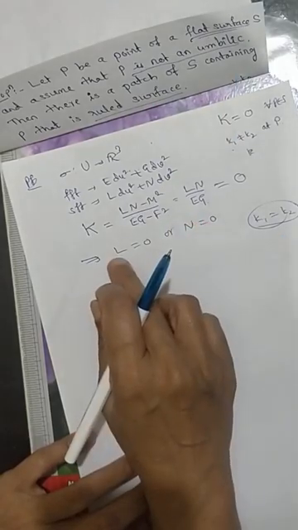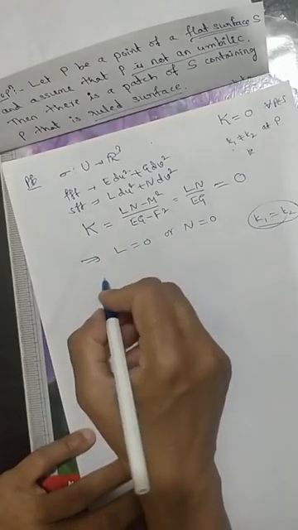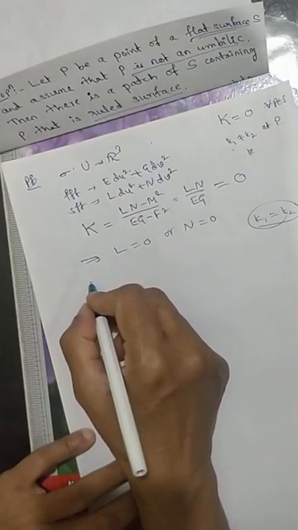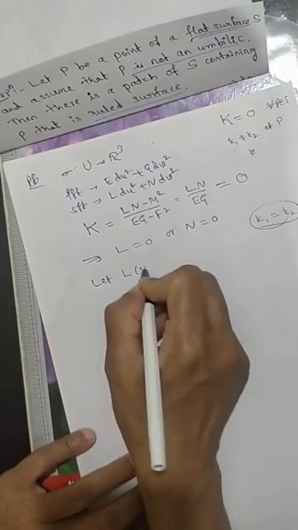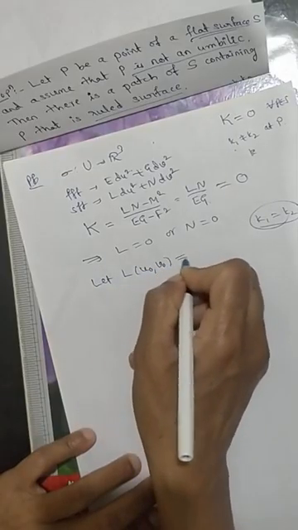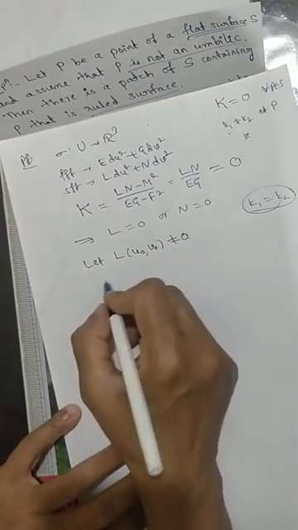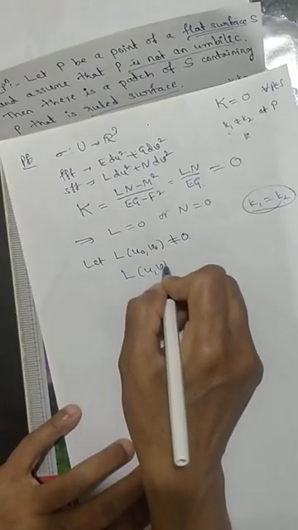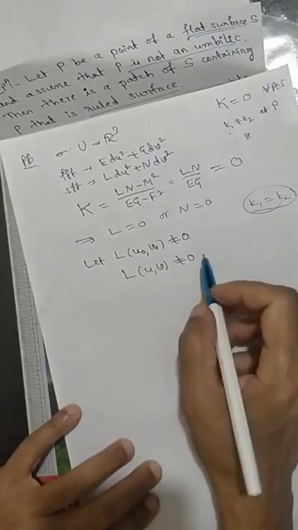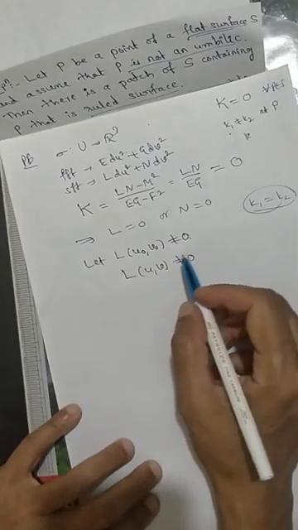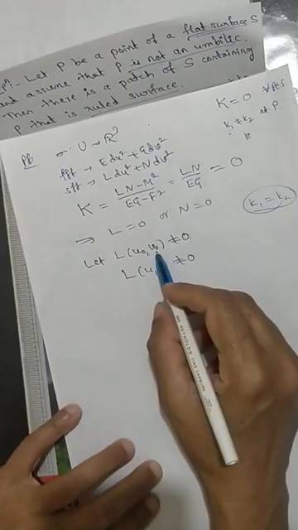Let us assume that L is not equal to 0 at the point (u0, v0). L is a continuous function, so if it is not equal to 0 at (u0, v0), then it will not be equal to 0 in some open subset of U containing the point (u0, v0).